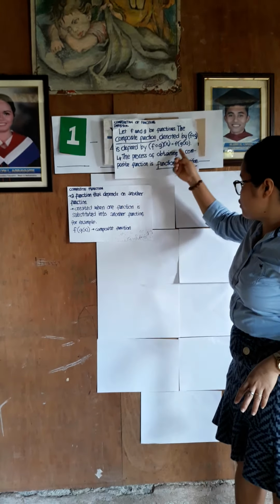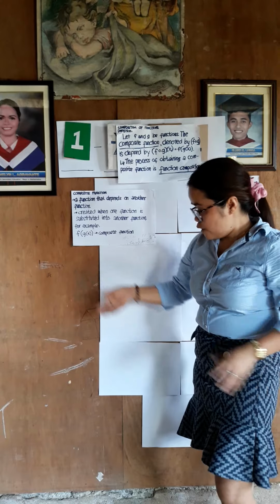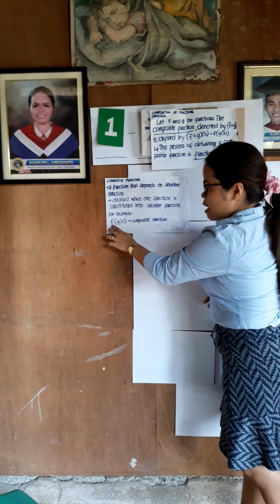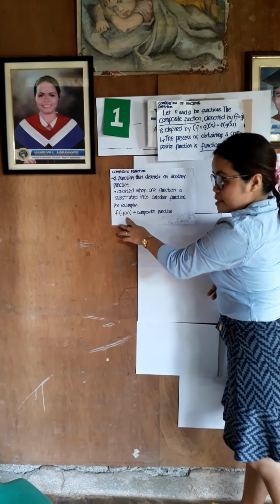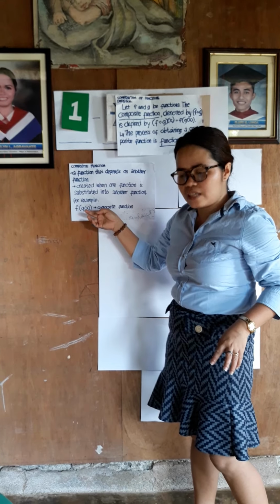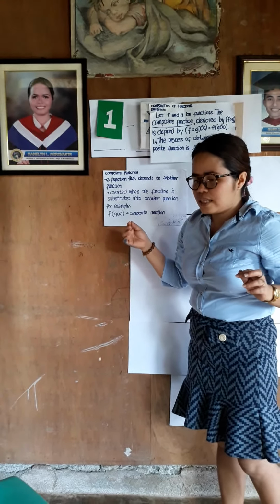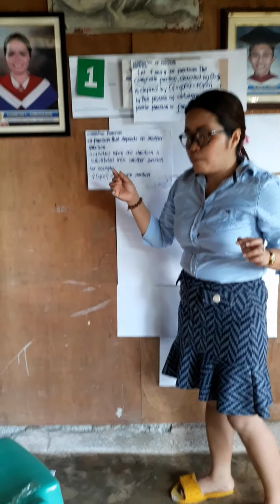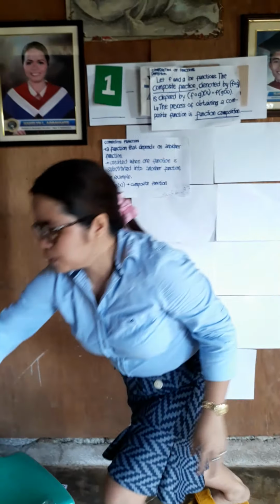If you separate this, this is f of x and this is g of x. But this is called a composite function because the value of f of x depends on the value of the function g of x. Do you understand what I mean? To further understand, I am going to present this example.